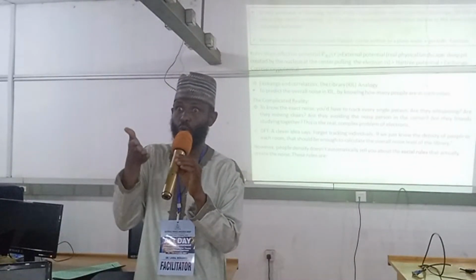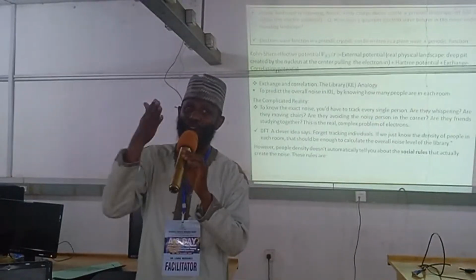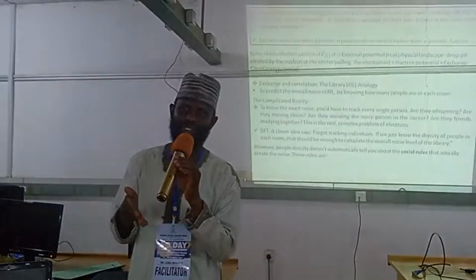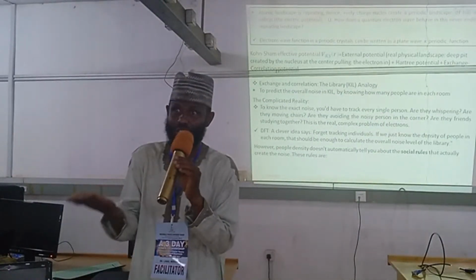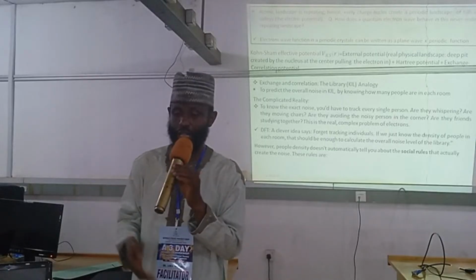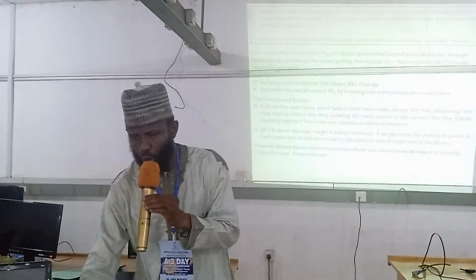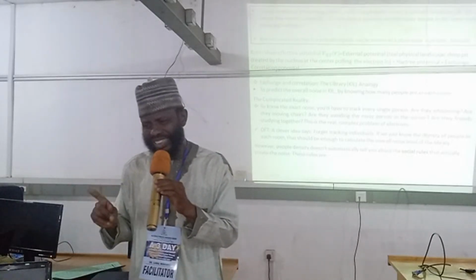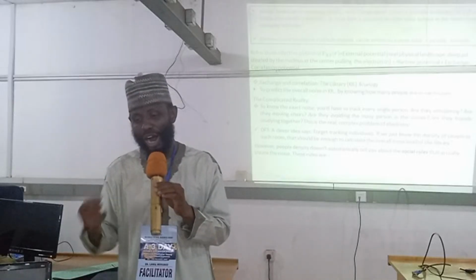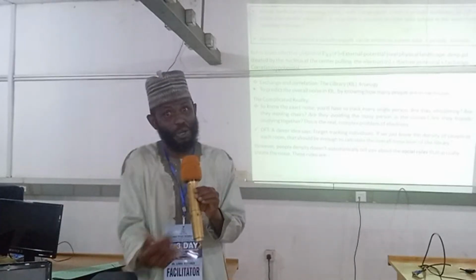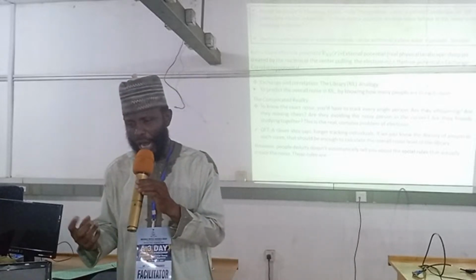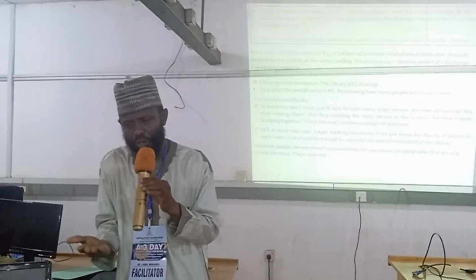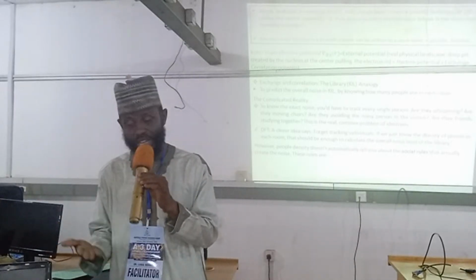The noise, if you want to go exact, then you have to track all the people inside that library. This is if you want to get the correct information. So to know the exact noise, you have to track every single person. Are they whispering? Are they moving chairs? Because it's part of the noise. Are they avoiding a noisy person in the corner? Are they brainstorming together?